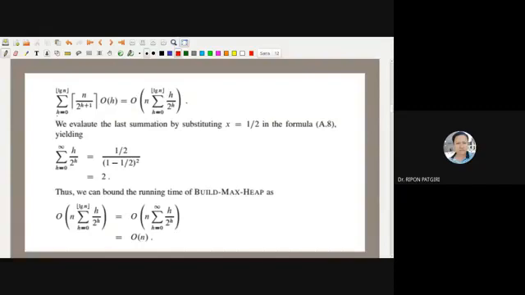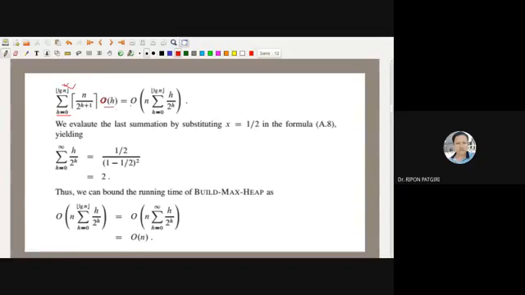Okay. So we can express the total cost of building max heap as bounded from above by this equation. From height equal to 0 to the total height, log n. And at every height h, how many nodes are there? n divided by 2 to the power h plus 1, and what is the cost of building? Big O of h, right? This is the cost.